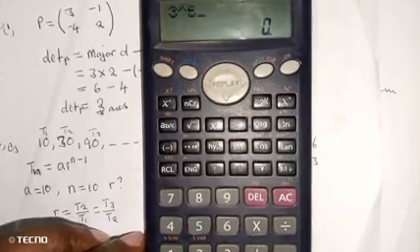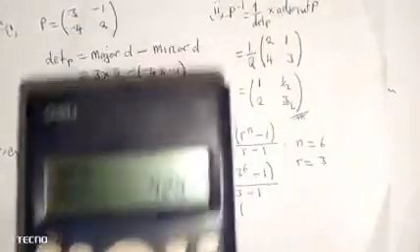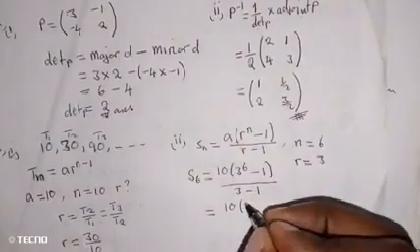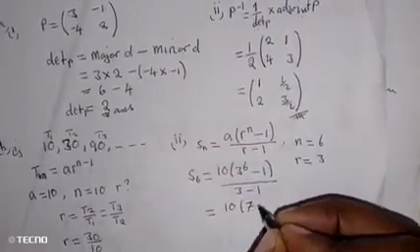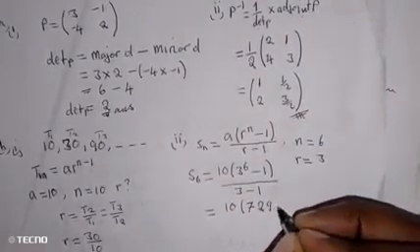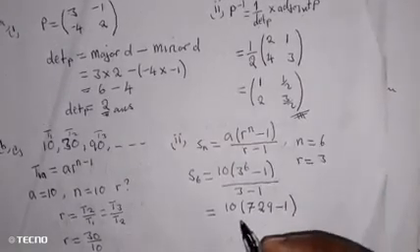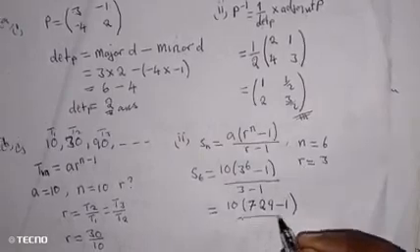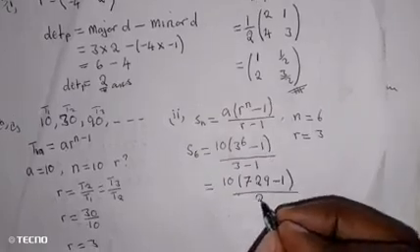Now the answer is 729. So I'll say 729 minus 1, we close, then over here 3 minus 1, the answer is 2.